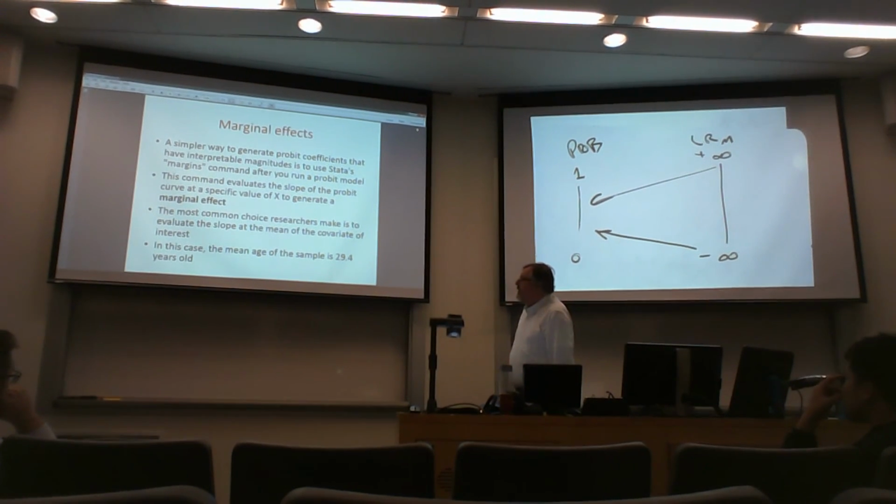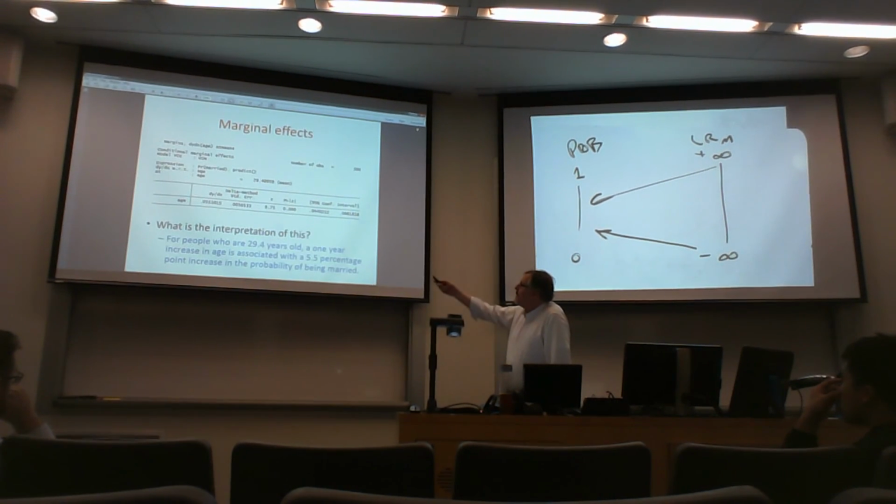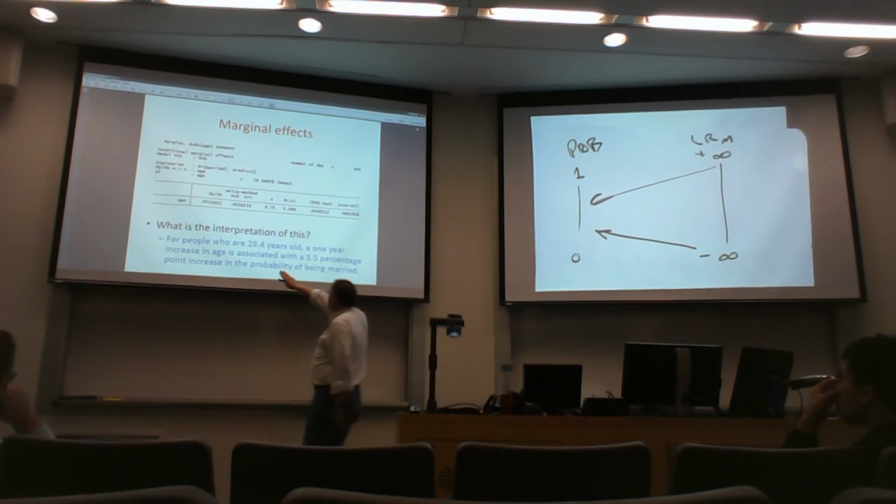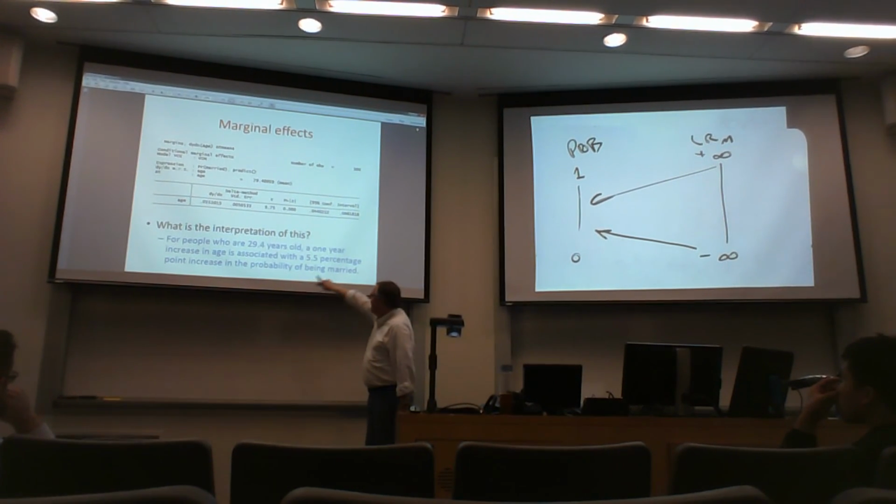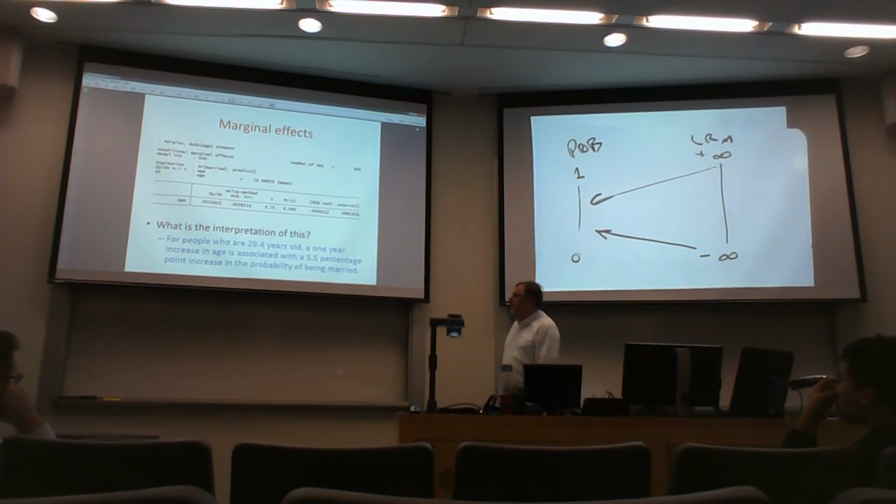You can use the margins command. The mean age of the sample is 29.4. Here it shows the command. And here, this does give you something you can interpret. For people who are of the mean age, a 1 year increase in age is associated with a 5.5 percentage point increase in the probability of being married.